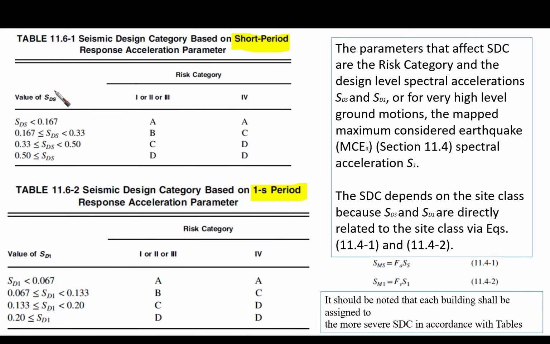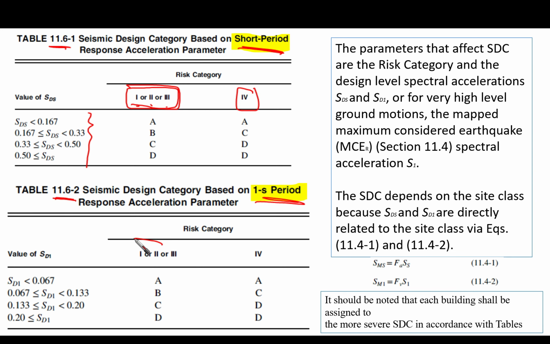So we're going to have two tables, 11.6-2-1 and -2. This is for short period and this is for 1 second period. SDC based on short period response acceleration. So we are going to find the categorization for SDC here and risk category 1, 2, 3 or 4.